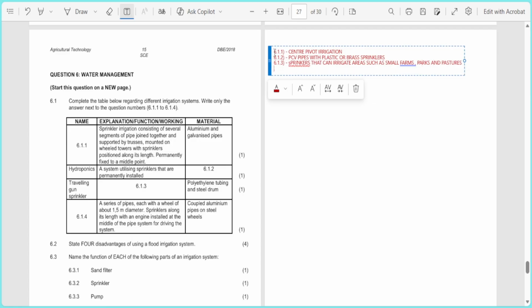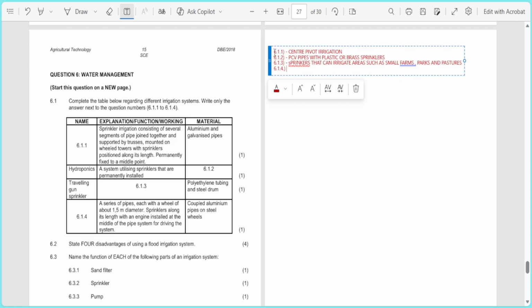Okay, let's go to 6.1.4. We need to give a name. A series of pipes, each with a wheel of about 1.5 diameter. Sprinklers are along its length with an engine installed at the middle of the pipe. The material is coupled aluminum pipes.